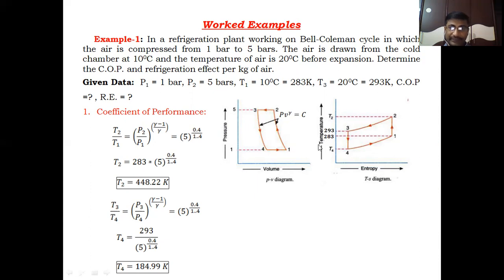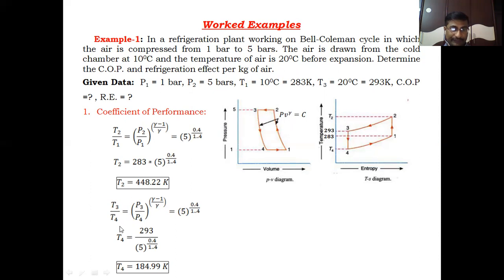Similarly, we can use that equation for the process 3-4. T3 by T4 equal to P3 by P4 whole power gamma minus 1 by gamma. In the same way, P3 is equal to P2, that is 5 bars, and P4 is equal to P1, that is 1 bar. Therefore, again, 5 power 0.4 by 1.4.